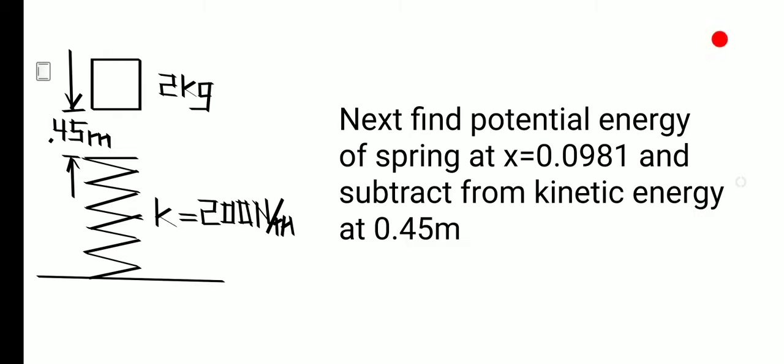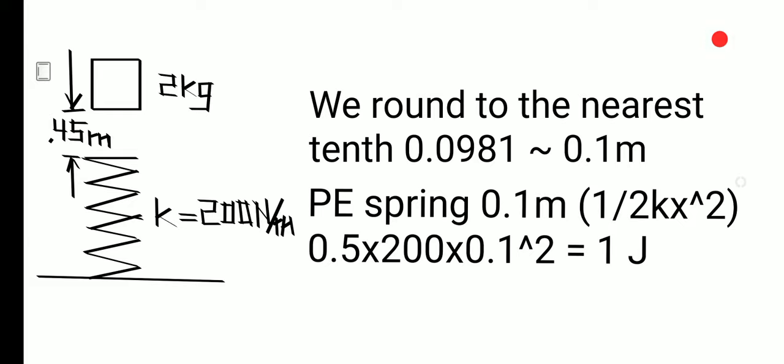Next, we find the potential energy of the spring at x equals 0.0981. Then we subtract that potential energy that we're saying is being transformed from the kinetic energy at 0.45 meters. To make things a little bit less complicated, we're going to round to the nearest tenth as far as the displacement at the beginning.